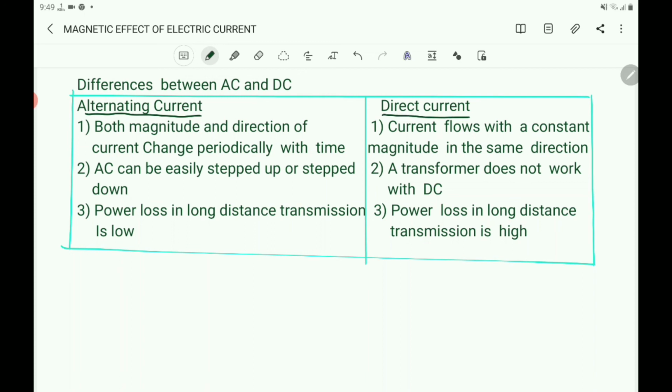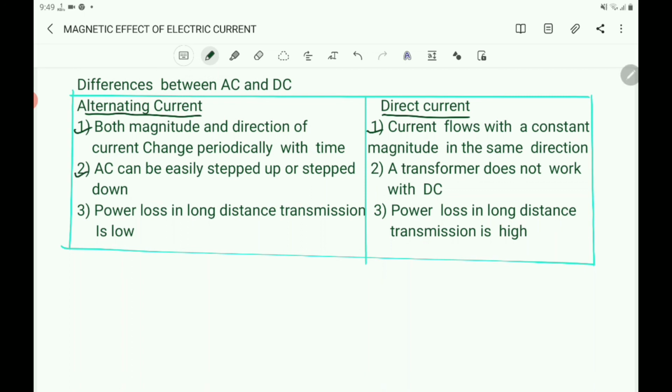The first difference: in alternating current, both magnitude and direction of current change periodically with time. In direct current, current flows with a constant magnitude in the same direction.